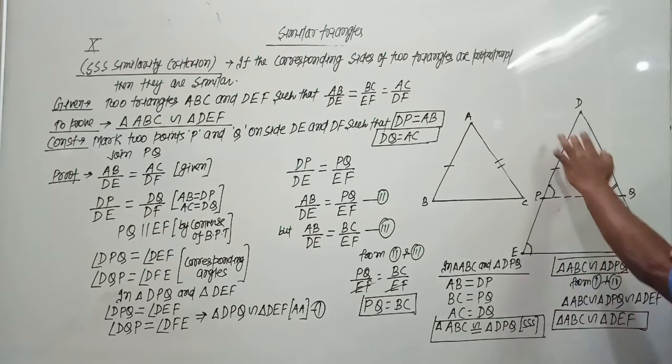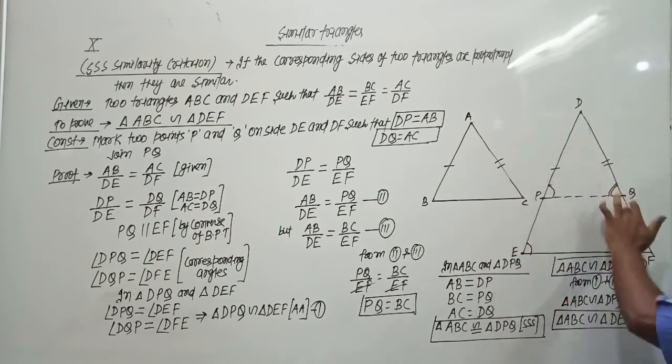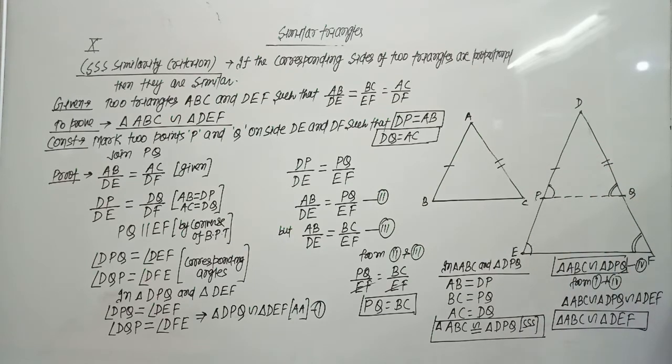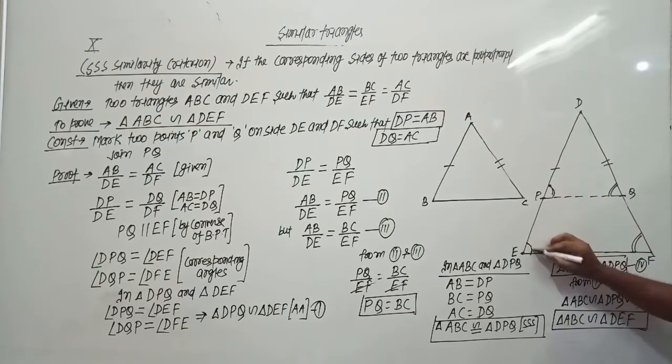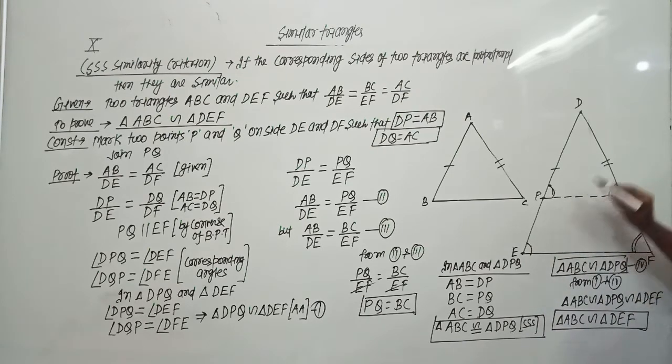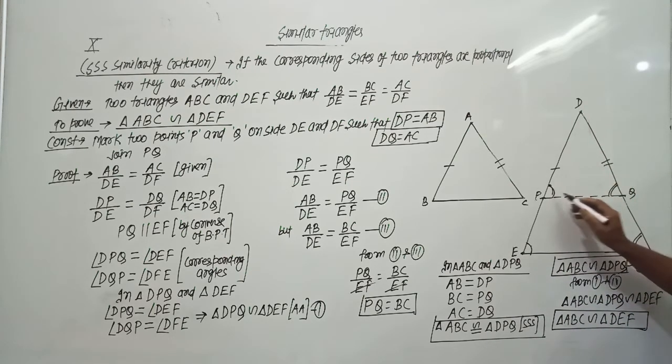It means if DP upon DE equals DQ upon DF, then by the converse of BPT, PQ is parallel to EF. And if PQ is parallel to EF, then angle DPQ equals angle DEF, corresponding angles, and angle DQP equals angle DFE.